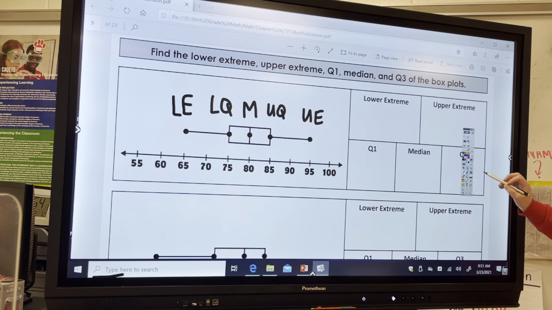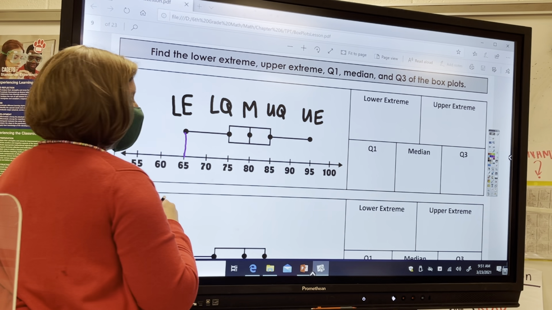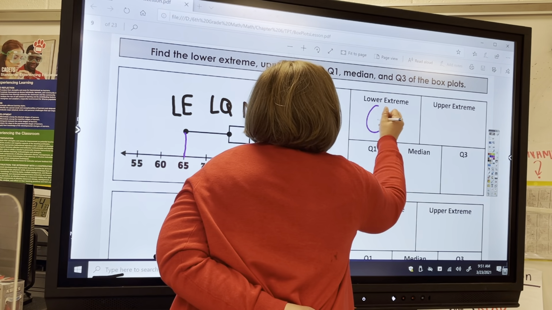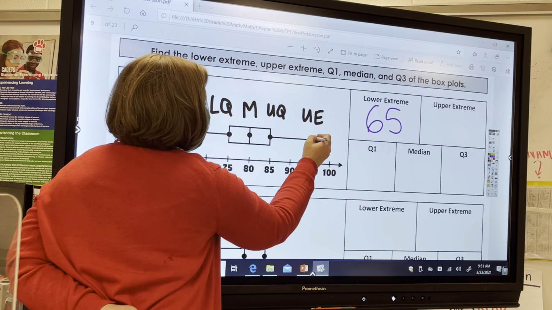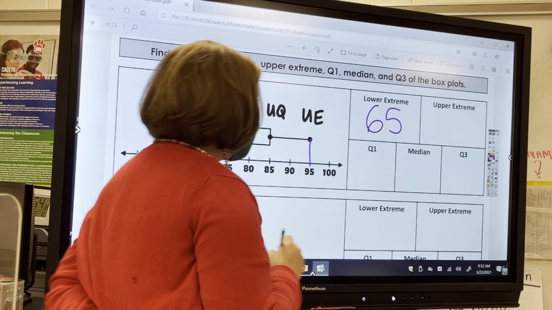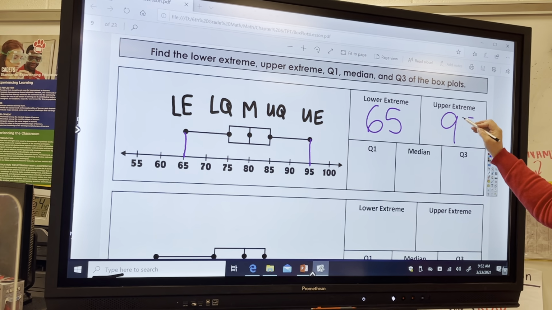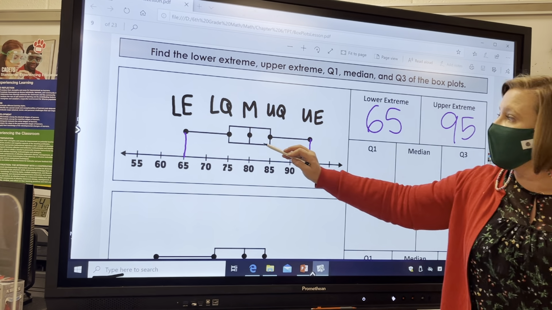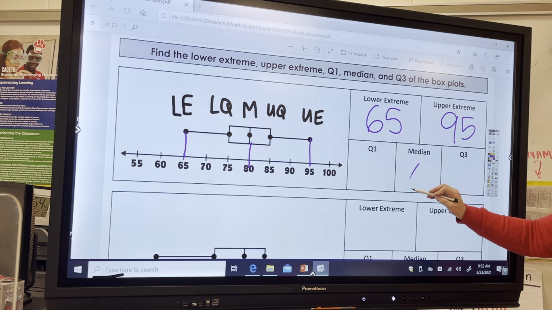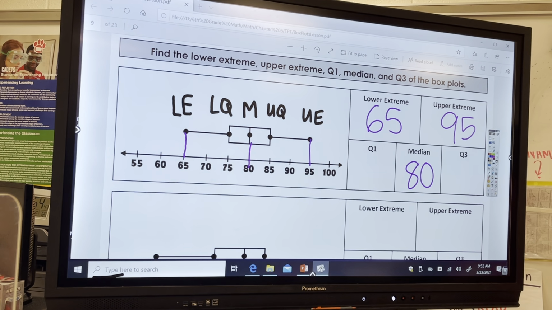So let's look over here. It asks us to find the lower extreme, upper extreme, Q1, median, Q3 of the box plots. And we're going to talk about what Q1 and Q3 are in just a minute. So let's fill in what we know. What's the lower extreme? 65. What is the upper extreme? 95. And we know the median is what? 80. Now, we didn't call it quarter one.